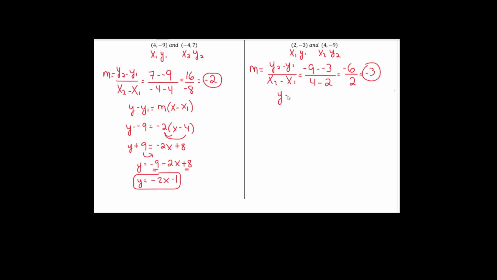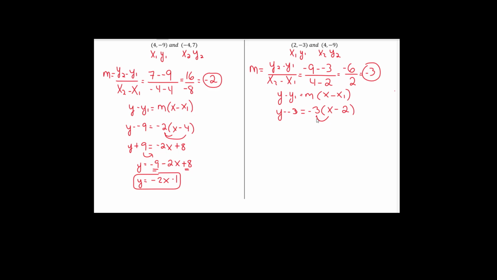So this would be y minus y1 equals m times x minus x1. So this would be y minus negative 3 equals negative 3 times x minus 2.